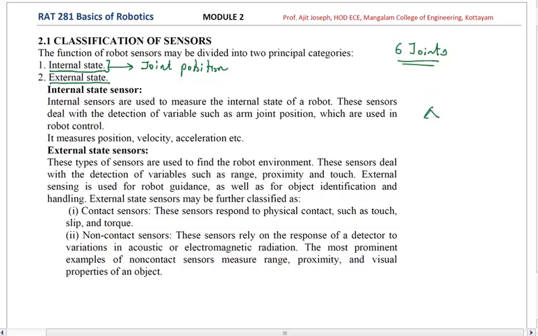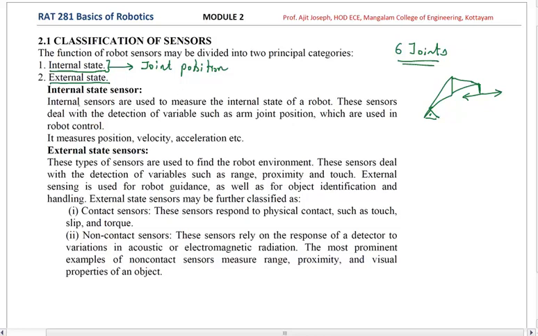That means if suppose we have a robot, the robot has an end effector. What is the speed or the velocity with which this end effector is moving in any direction? That also needs to be looked at by the robot. So for finding out all of this, the sensors that are used are called internal state sensors.